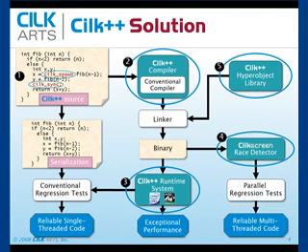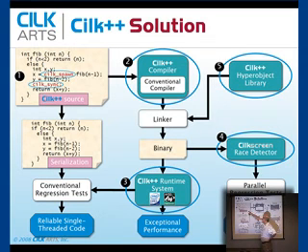Now, the way that the Cilk system works, just to overview it before we dive in, is as follows. The Cilk++ source is the same as the C source. And you can see the first aspect of the system is that we have keywords that we've embedded into the Cilk++ source, in this case Cilk Spawn and Cilk Sync. And if you remove those keywords, you end up with what we call the serialization of the program, which is a C++ code that implements the same thing as the Cilk++ code.